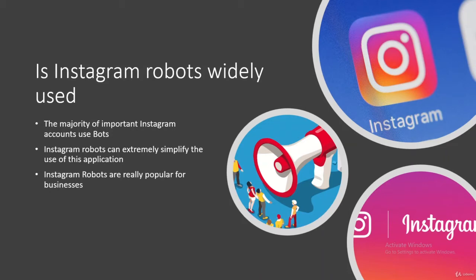Instagram robots are really popular for businesses, also for small businesses, especially those that do drop shipping. It could be, for example, clothing brands, high-tech brands, any small brand. Basically, instead of having a marketing team that works on their Instagram and Facebook, they just have a bot. They pay a monthly fee for a bot, and this bot will simply post pictures for them, like posts, follow people, unfollow people, and do manually what you have to do.